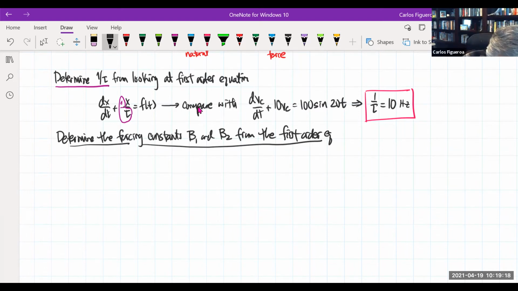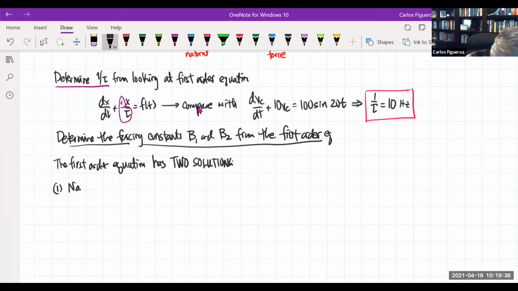So note that the first order equation has two solutions. The first solution is the natural response, and I think you guys call it the homogeneous solution.